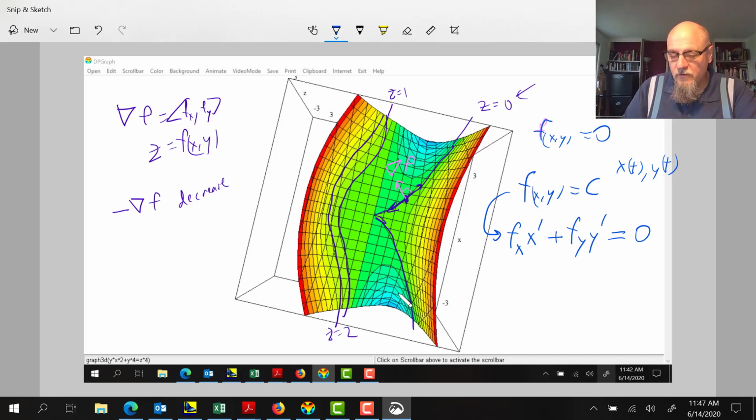Now let's take a look at this expression. I can write it as a dot product. I can write it as the vector f_x, f_y, dot product with the vector x prime, y prime, equals 0. But this is just the gradient. So the gradient is perpendicular to, what's this vector x prime, y prime? Go a couple of videos back, this is our tangent vector to the level curve.